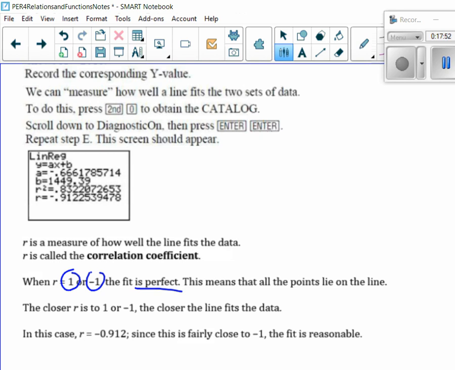Because we got -0.912, fairly close to -1, so the fit is good. Okay? So all the negative means is it's because it's a negative slope. If you had a positive slope, it would be, say, positive 0.91, and so on. This R squared we never look at. That's not in this course at all. We're only looking at this part right here. Okay? So let's keep going.